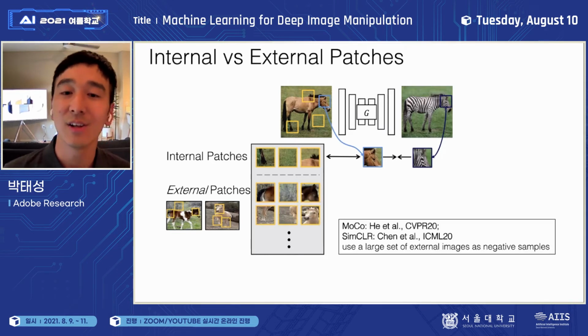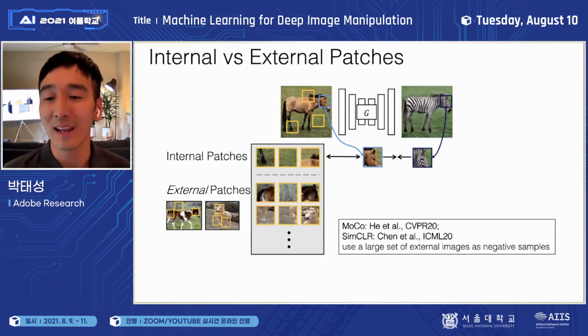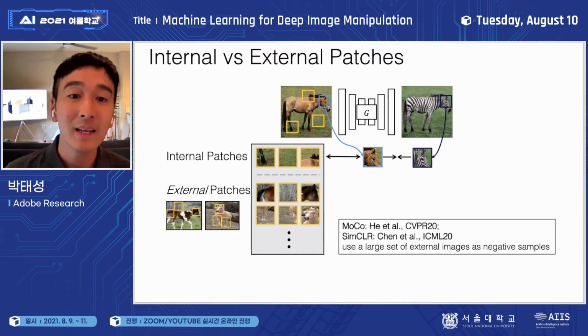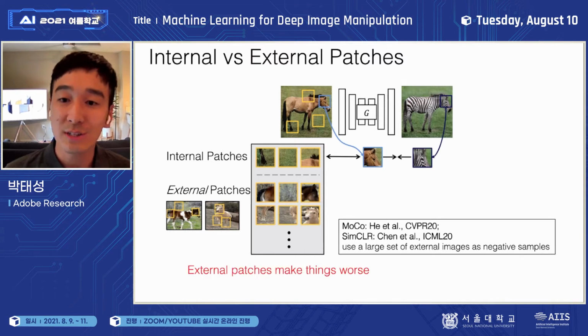In representation learning, it's known that a large number of external negatives improves performance. Here, though, we work at the patch level, so we can actually use the same image as the source of our negatives. Indeed, when we tried to use external patches as negatives, the output quality was worse.